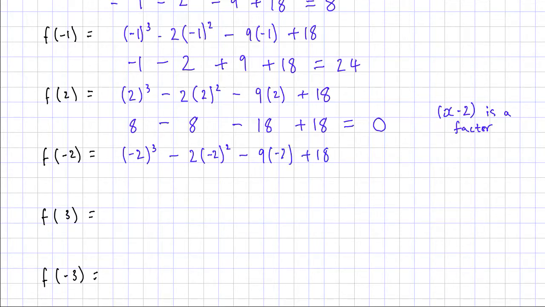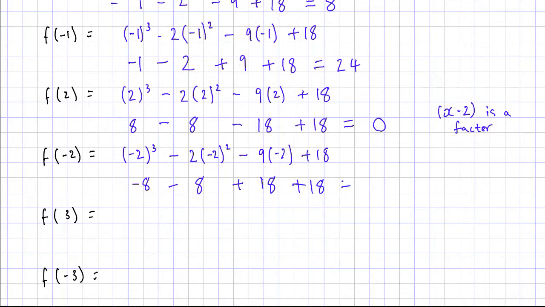So minus 2 cubed is minus 8. Then minus 2 squared is 4, and minus 2 times 4 is minus 8. Then I have minus 9 times minus 2, that's plus 18. And I have another plus 18.